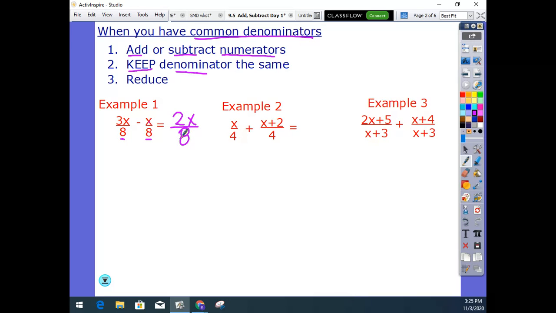The common denominator is 8. Do you notice, though, there's a common factor that we can reduce? Because 8 is 2 times 4, so I can cancel my common factor of 2, and I get x over 4.